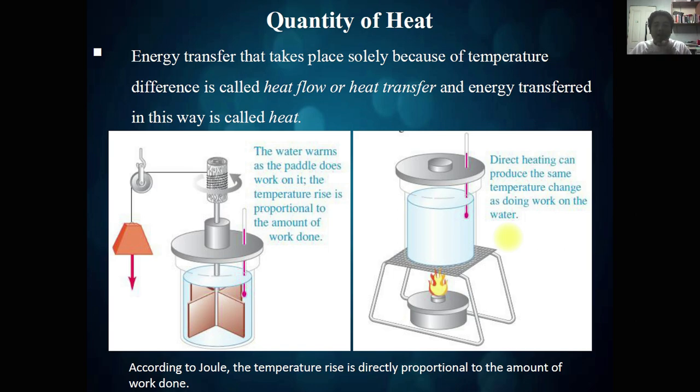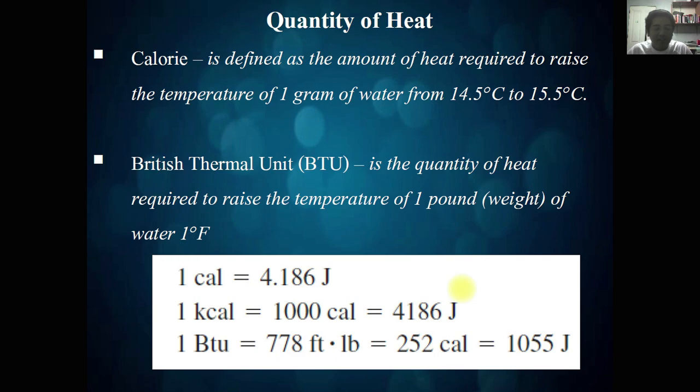But if we have a large amount or volume of water, okay, and we apply low heat, then definitely it really takes time for that water's temperature to rise up. Okay? So in other words, he said that the amount of work done is proportional to the temperature rise or vice versa. So let's define some terms.